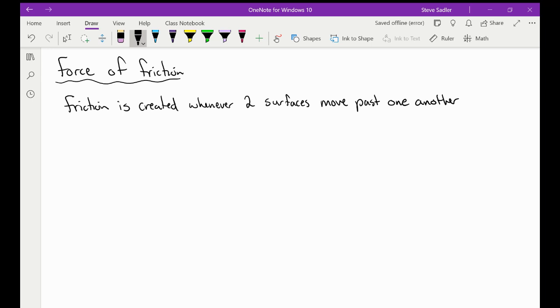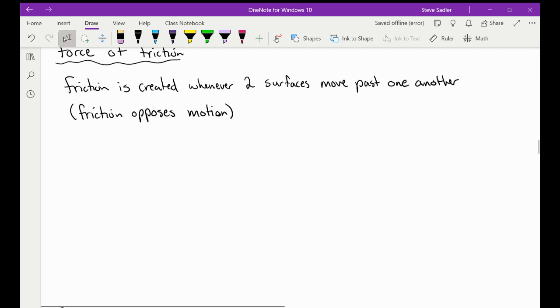And it is slowing down. It is opposing the motion. So friction opposes motion. There are some exceptions, or maybe not exceptions, but there are some outliers to that. But in this class, with the basic physics problems we're doing, friction will always oppose motion.